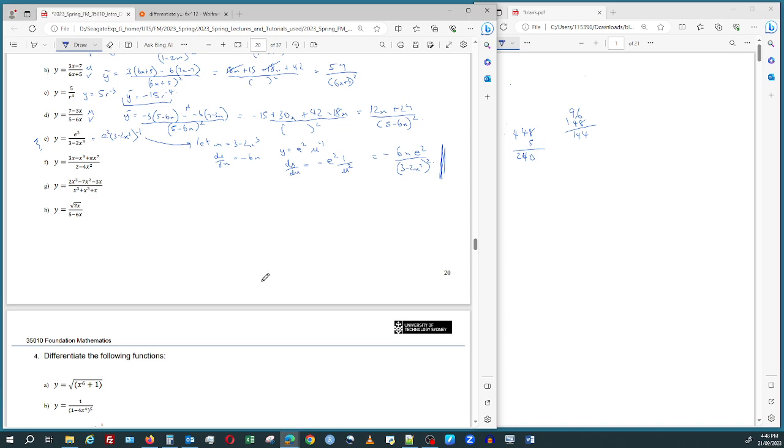F. So for F we can do u and v. U dash will be equal to 3 minus 3x squared plus 7 pi x 6. V dash will be equal to minus 8x. So those four go together then in the form of y dash.